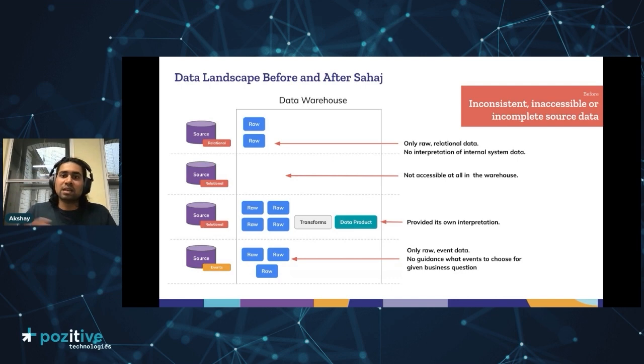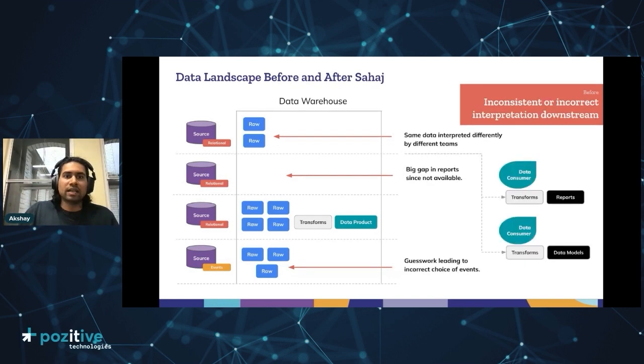In some cases, they did have engineering teams who had transformed this data and were looking after it and had built a consolidated data set or a data product of sorts, but this wasn't the case across the other systems. So whenever people started to build any sort of reports, it was very hard for them to get any sort of consistency.